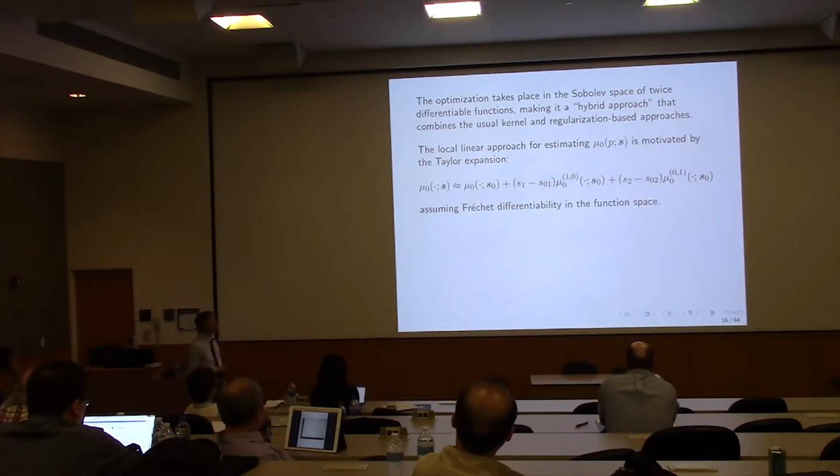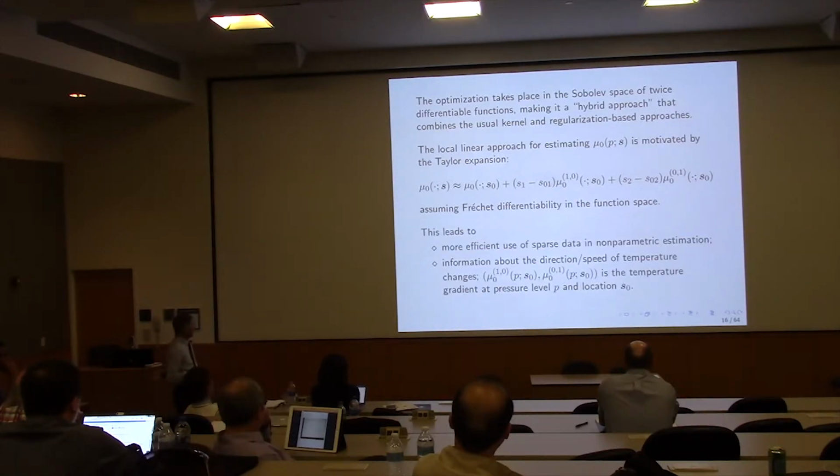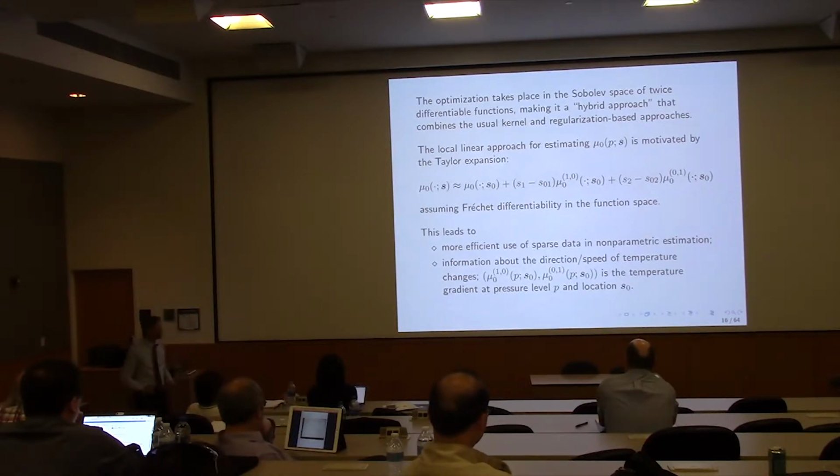So in order to justify local linear estimation, I need the mean function to be Fréchet differentiable, which we do. And this approach leads to more efficient use of really sparse data in this non-parametric problem.